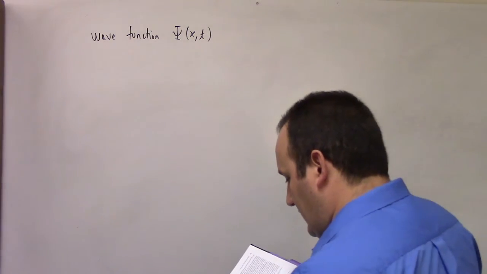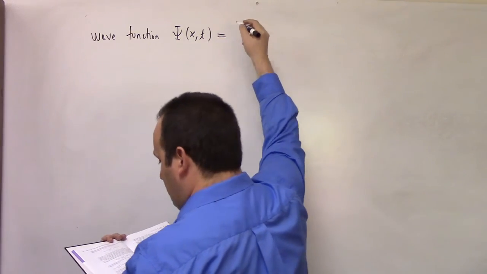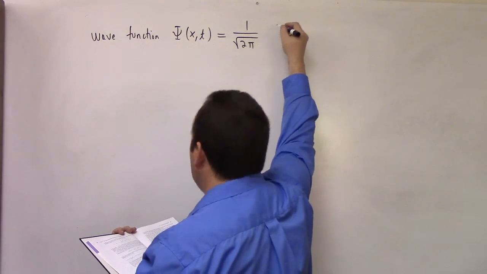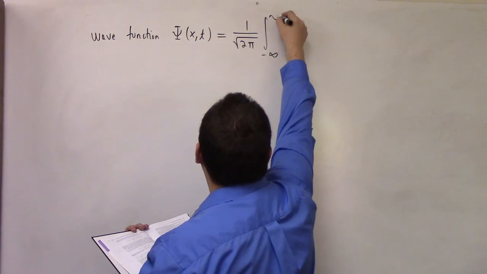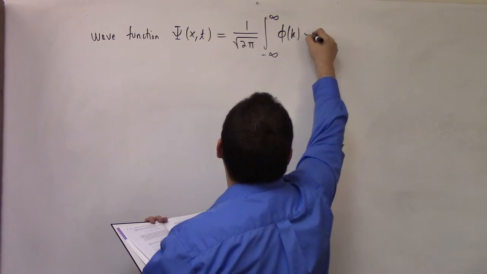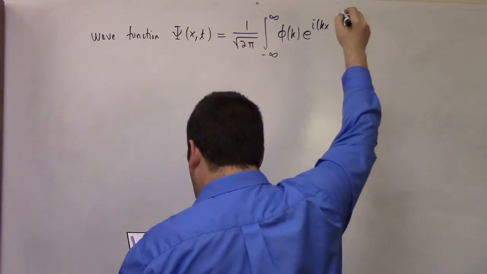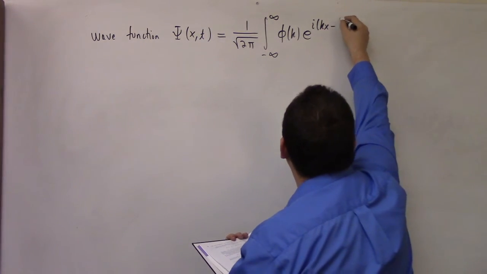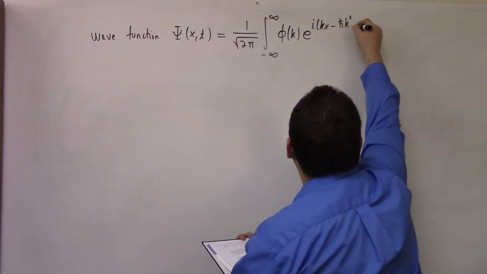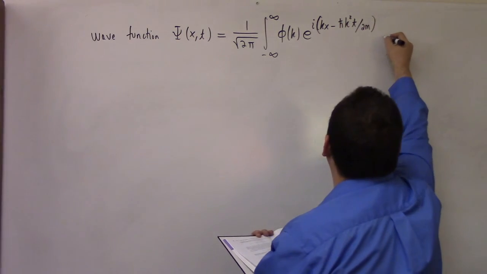He says you can write this as 1 over the square root of 2 pi, which is a convention, times the integral from minus infinity to infinity of phi of k, e to the i (kx minus h bar k squared t divided by 2m), dk.